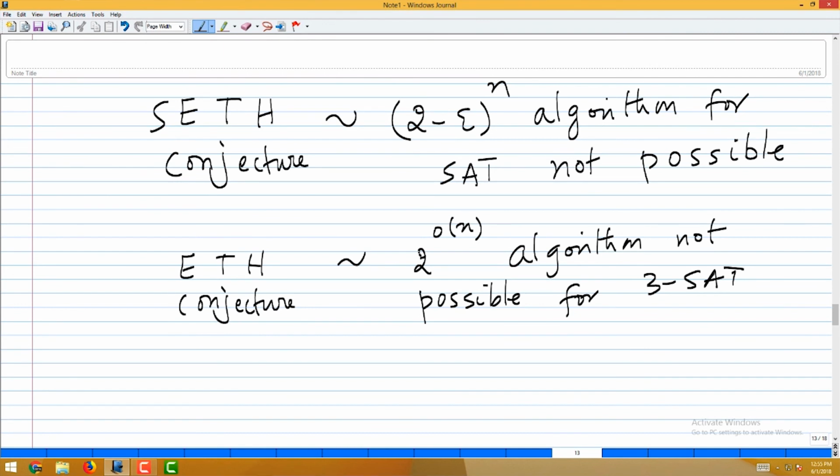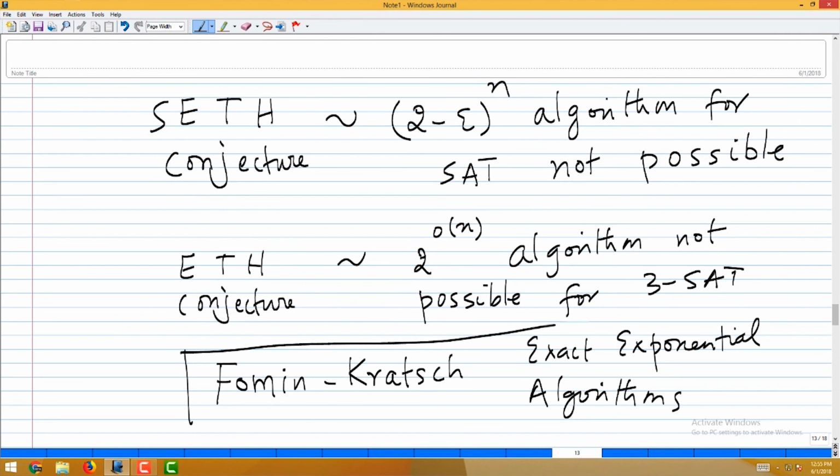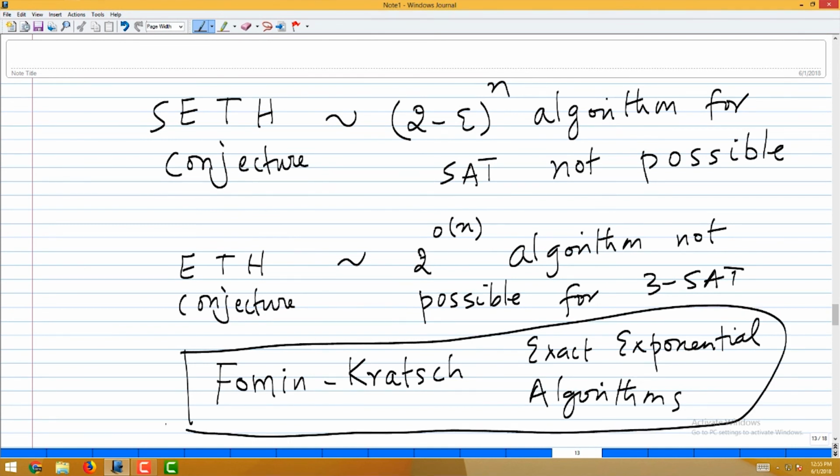There is a recent book about 3-4 years old by Fedor Fomin and Dieter Kratsch called Exact Exponential Algorithms. So there is a lot to be explored in this world as well.